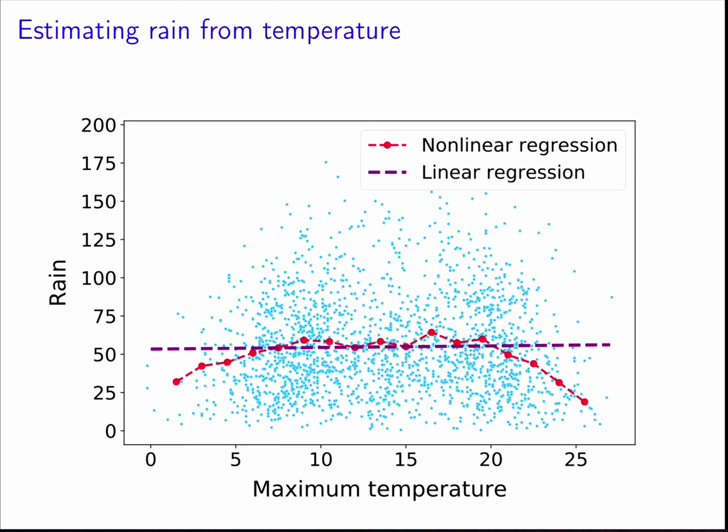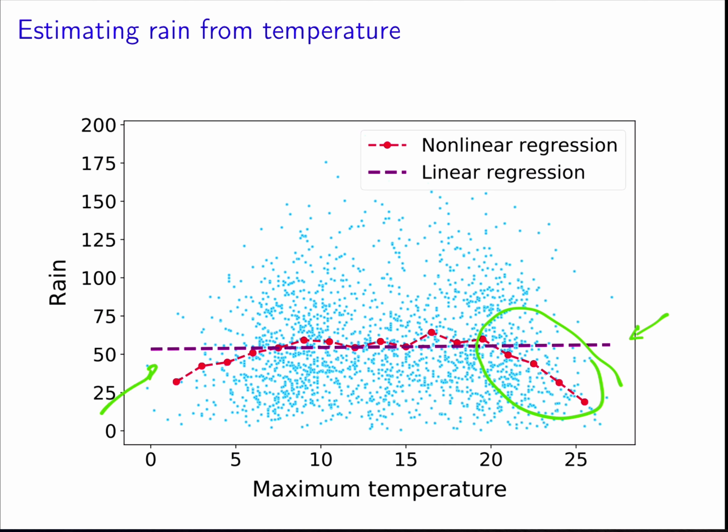When you have just one feature and you want to estimate rain, note that in this particular case, because the slope of the linear regression function is constant, it's not able to realize that for higher temperatures, we tend to have less rain because the overall trend makes the line horizontal.